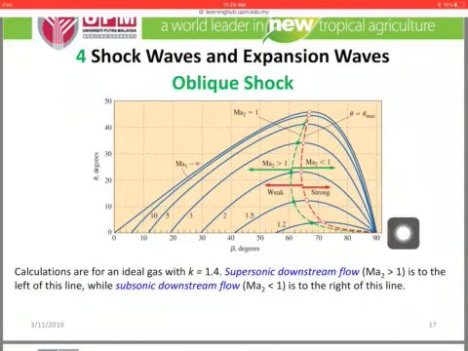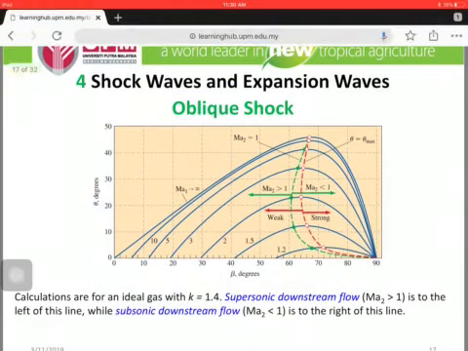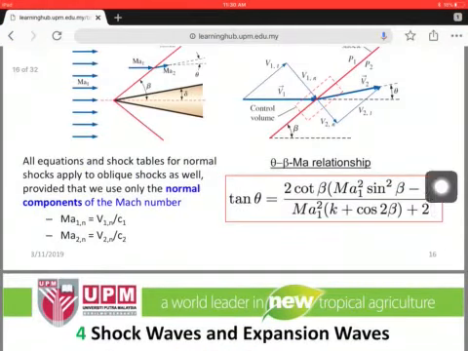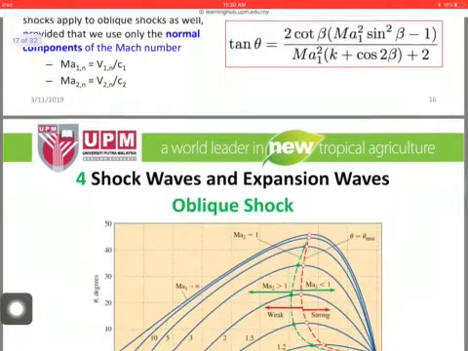Okay, now this is an important diagram. This is the relation between theta, the turning angle, and beta, the shock angle. So this diagram is produced from this equation.